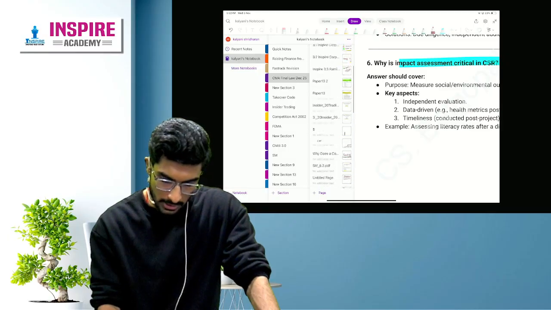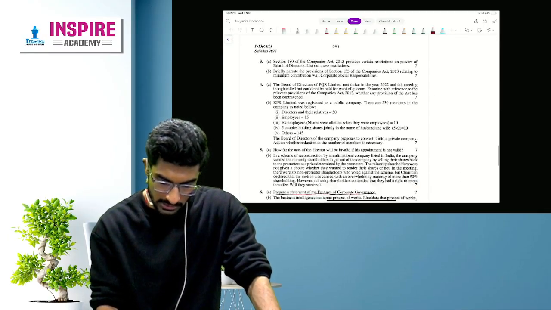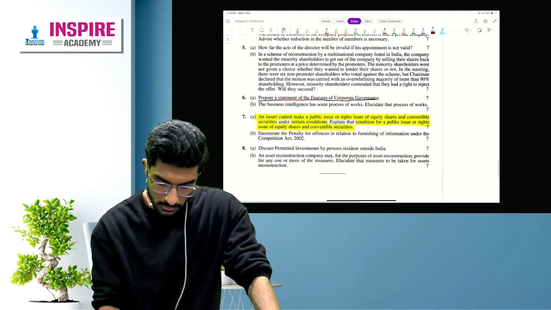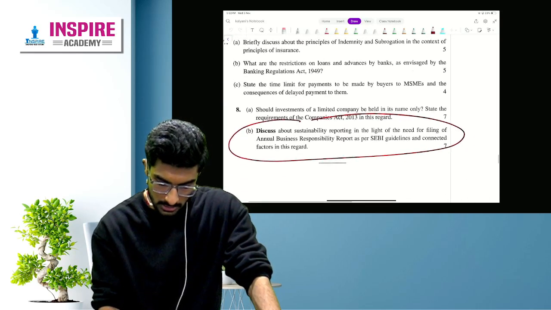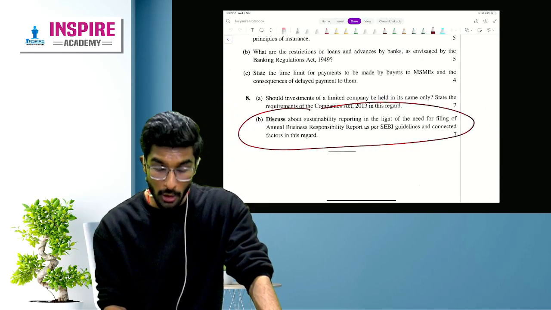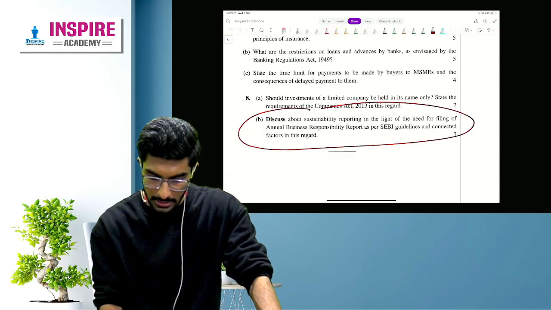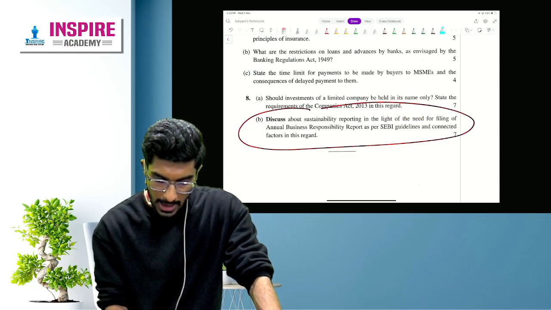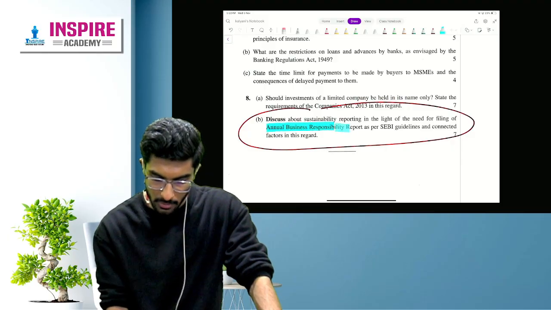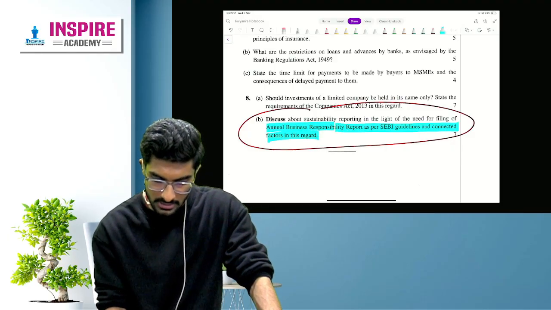Let's look at the past year question paper. Was there any question? Features of corporate governance. Then discuss sustainability reporting in the light of the need for filing of annual business responsibility report as per SEBI guidelines and connected factors in this regard.